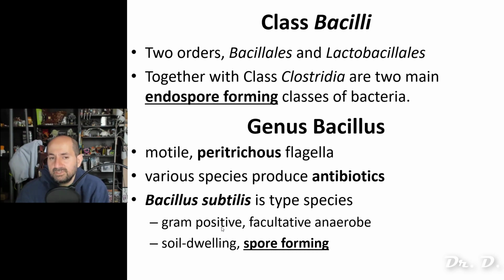But if the Bacillus wants to grow and take over resources, it can produce antibiotics. So it can kill other species in the environment, so it can monopolize those resources for itself. It can take all the sugar source. It could take all of the nutrients by killing its competition.